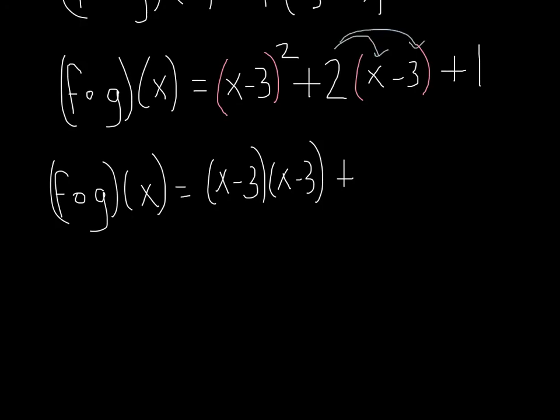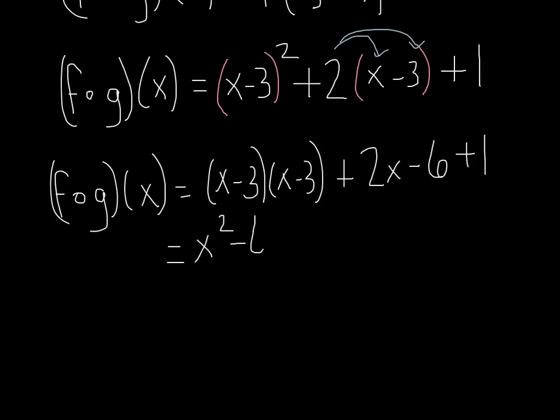So 2 gets multiplied by the x and by the -3. On the left hand side I still have f composed with g of x. On the right hand side I'm going to multiply these out.